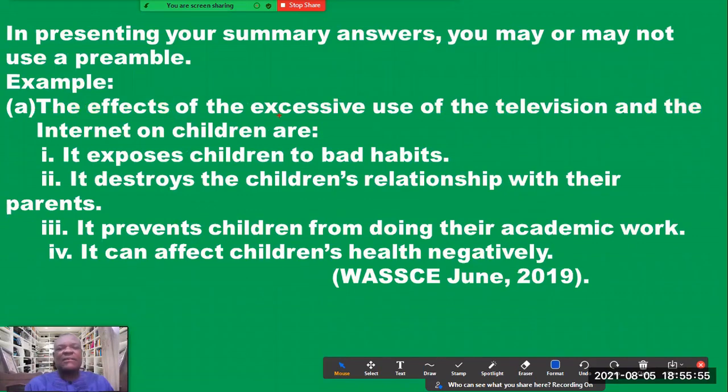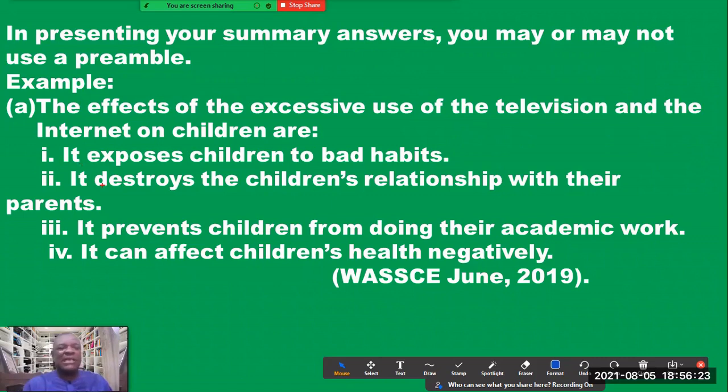The effects of the excessive use of the television and the internet on children are, you write I, it exposes children to bad habits. Of course, you may decide to repeat the very information. You can say the excessive use of the television and the internet exposes children to bad habits.